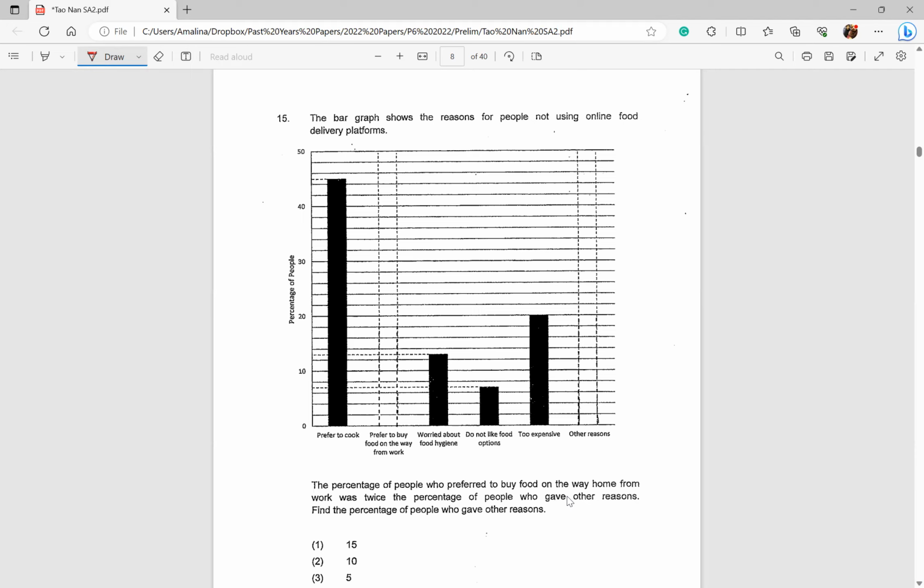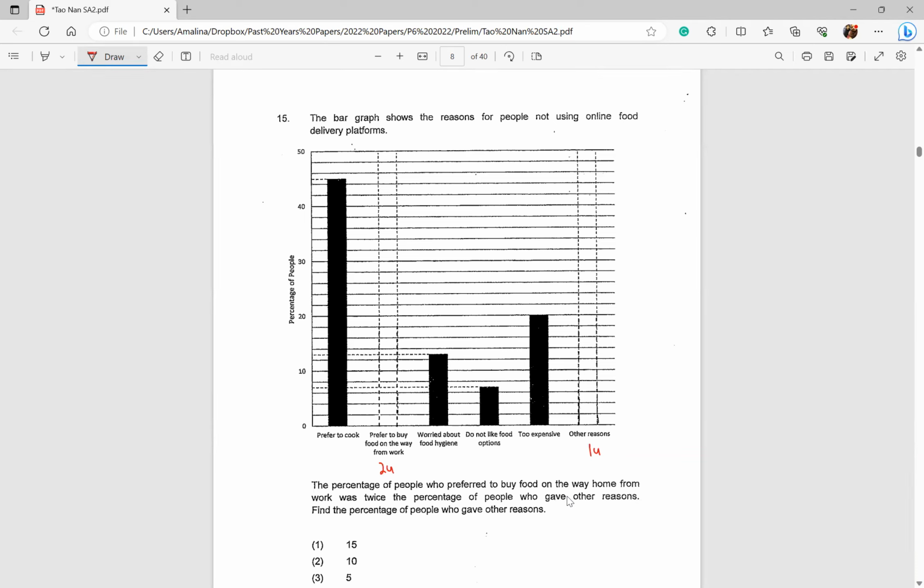Now, the percentage of people who preferred to buy food on the way home from work was twice the percentage of people who gave other reasons. Okay, means that this is 2 units, and your other reasons is 1 unit. So find the percentage of people who gave other reasons.